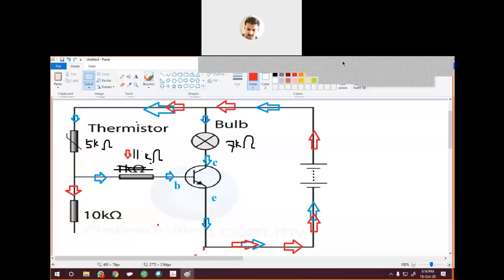Yes, the light bulb will light up, because even though here is 10, the current cannot flow downwards as there's no circuit to flow. So the current has no choice but to go through the 11, and then you'll activate the base. Once the base has been activated, the light bulb will light up.